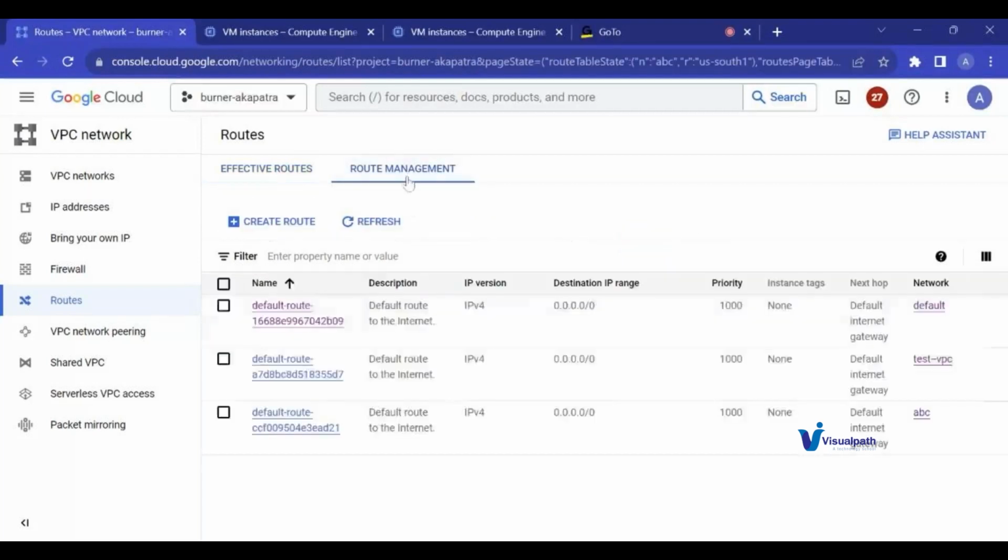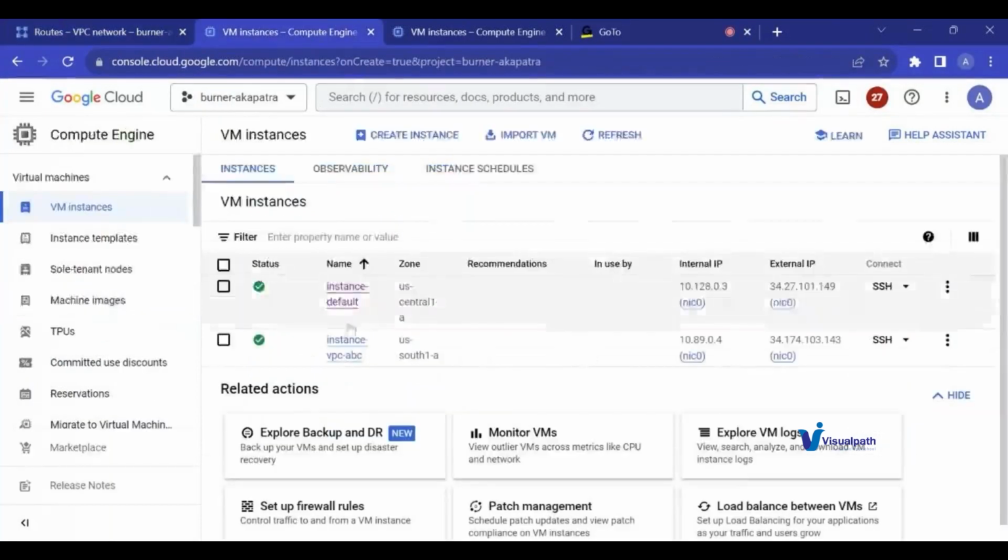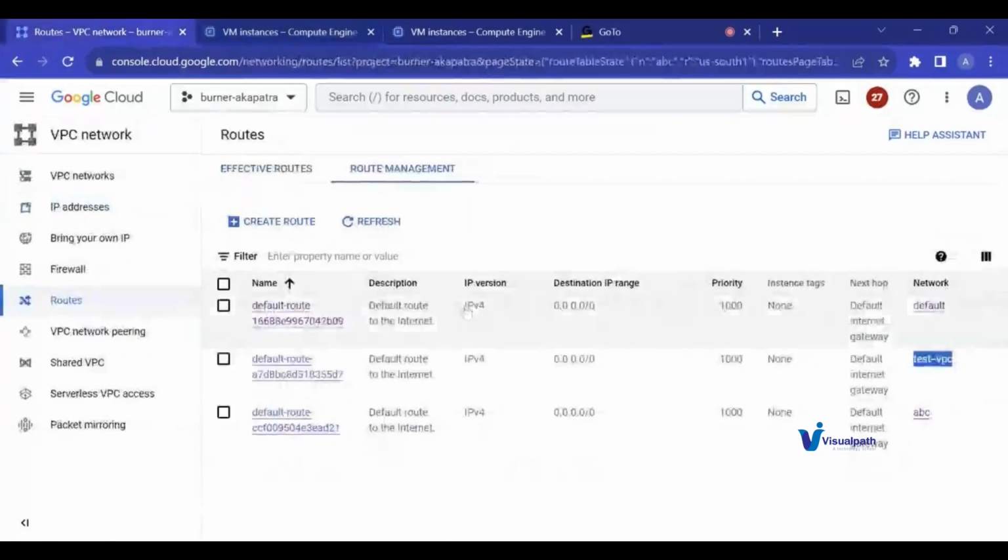If you want to check your existing routes, go to route management. I have 3 VPCs, and I do not have a resource for my test VPC, because I did not have a VM for the test VPC, but GCP has already given you this internet gateway, and it gets automatically attached.